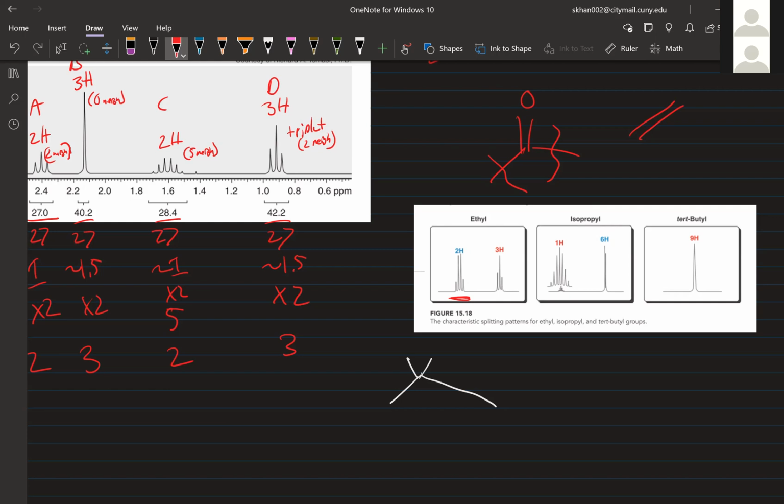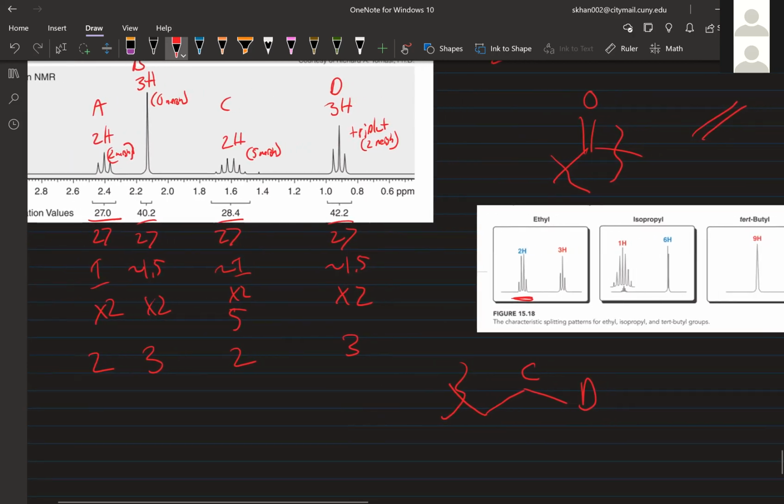Which means we could already pick out one part of the structure: a propyl group that looks like this. Whatever the rest of the structure is, this is our methyl, signal D, and this is signal C. C we know is next to something, so we have to determine one of the other signals.